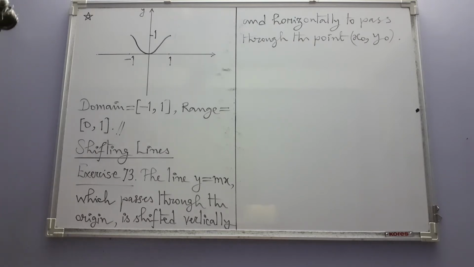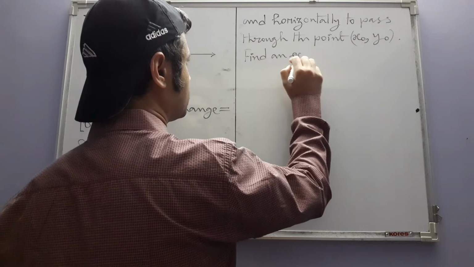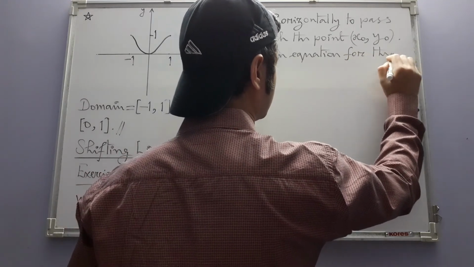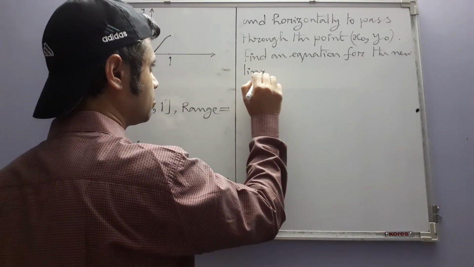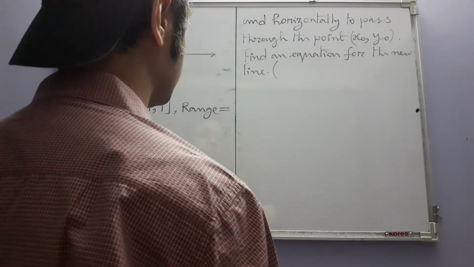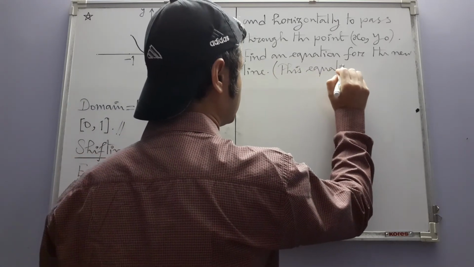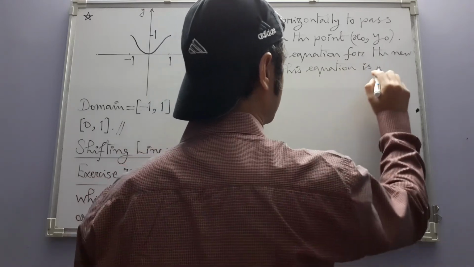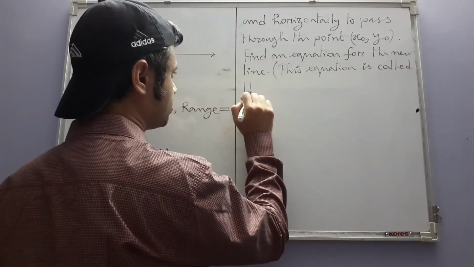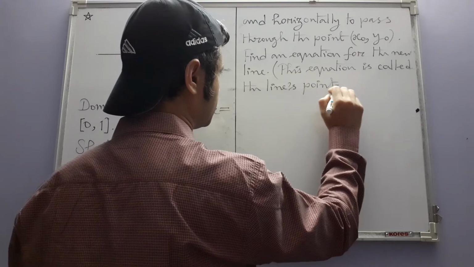Find an equation for the new line. This equation is called the line's point slope equation.